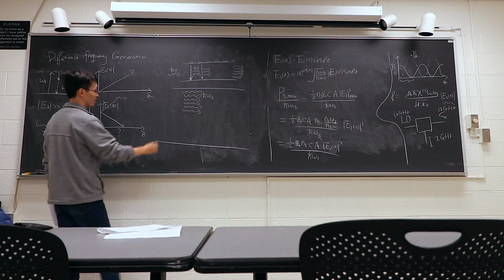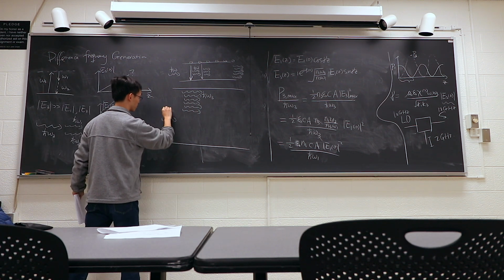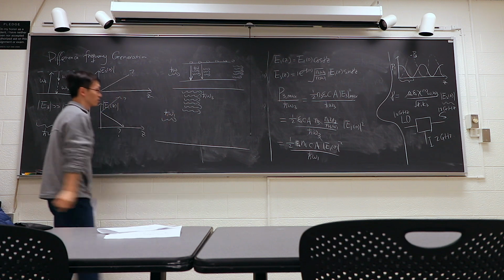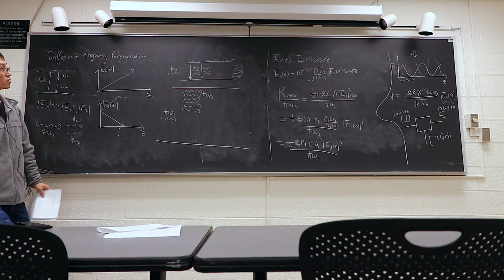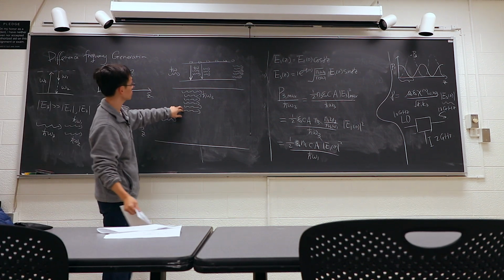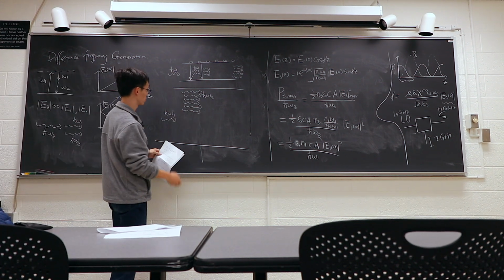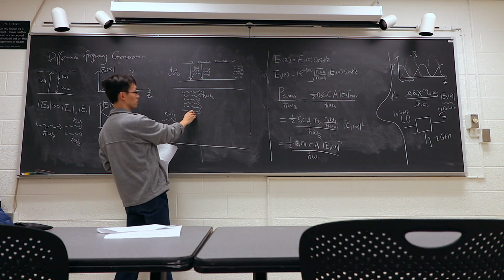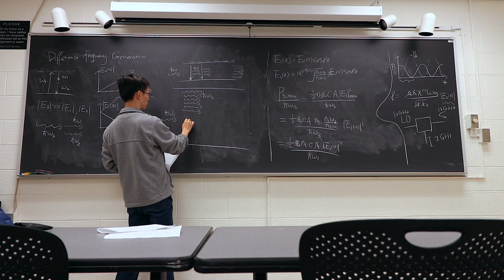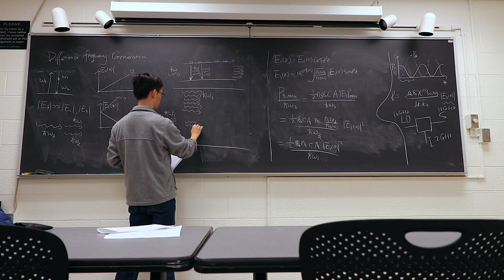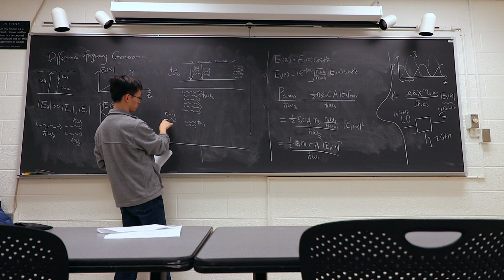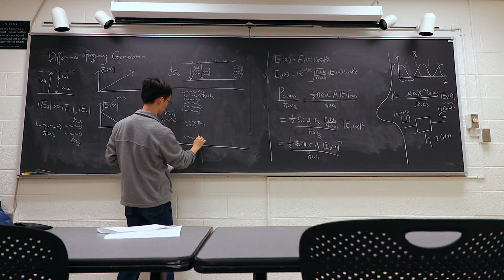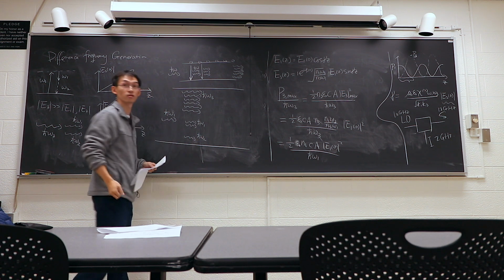Okay, and then now you have a photon coming in at omega 1. So what this can do is trigger 1 photon in omega 3 into 1 photon of omega 1 and 1 photon of omega 2, right?